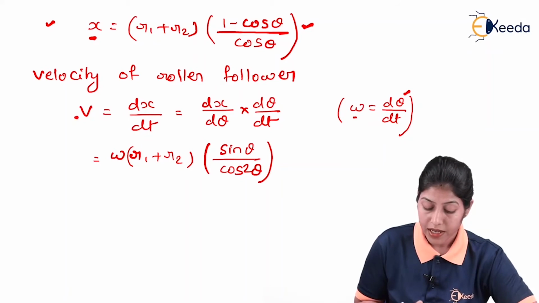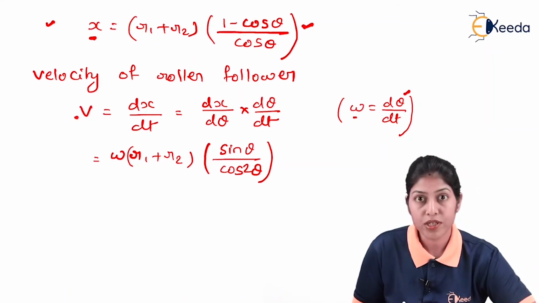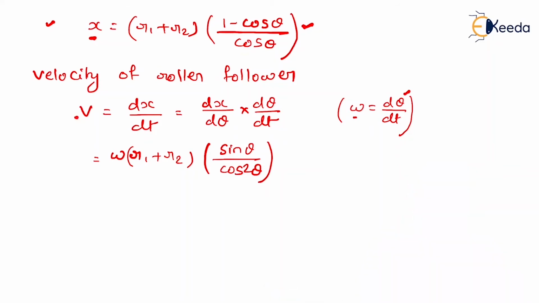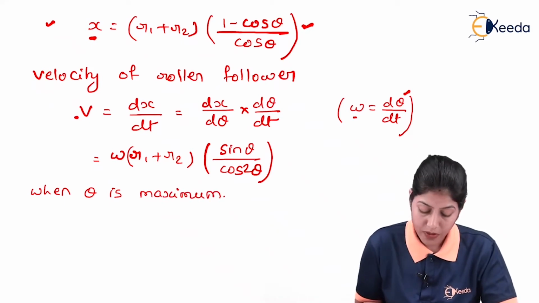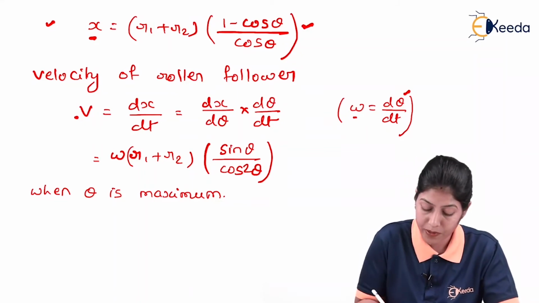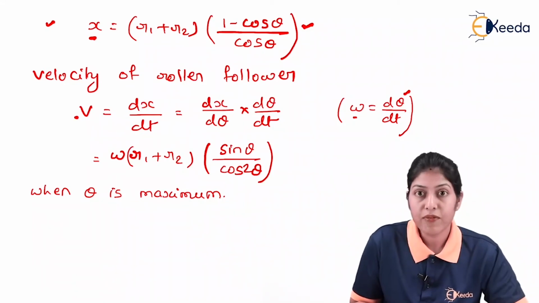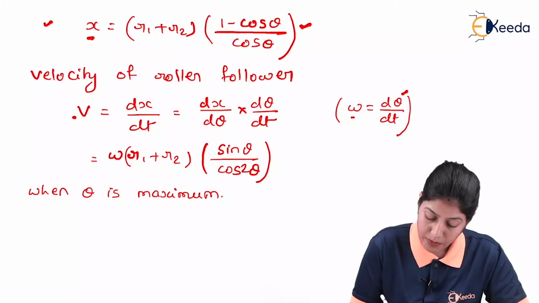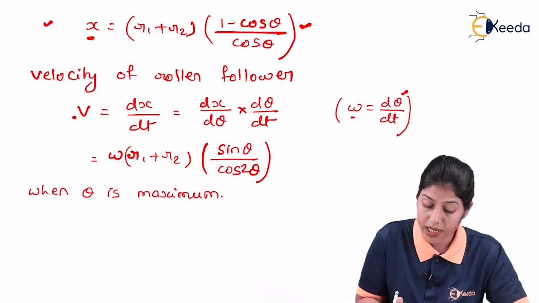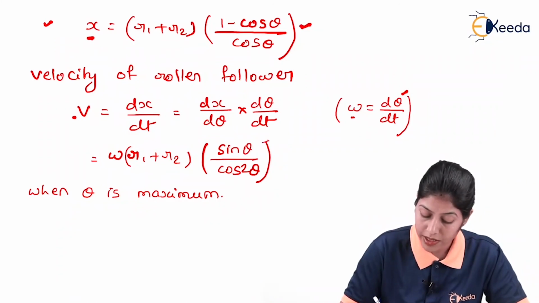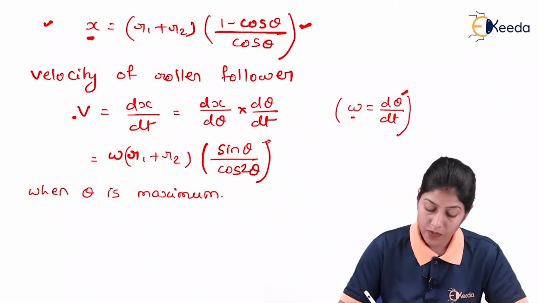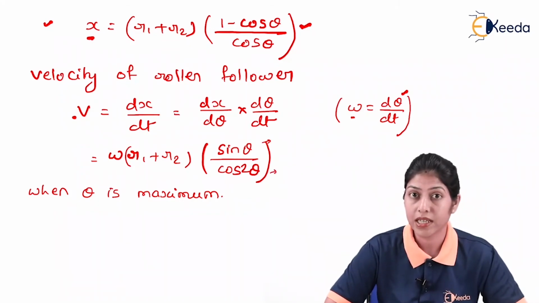And if we are considering theta at the maximum position, in that condition, if we put the maximum value of theta, or if we are continuously increasing the value of theta, the value of sine theta will continuously increase and the value of cos theta will continuously decrease.